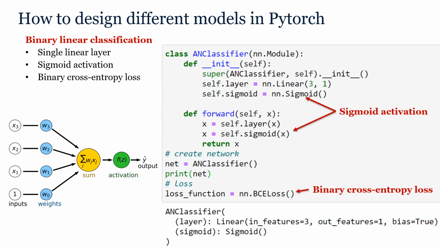To create a binary classification, we apply a sigmoid activation after the linear layer and define a binary cross-entropy loss. Note that the activation function is added both to the init and to the forward functions. This classifier will be linear because we have a single linear layer.